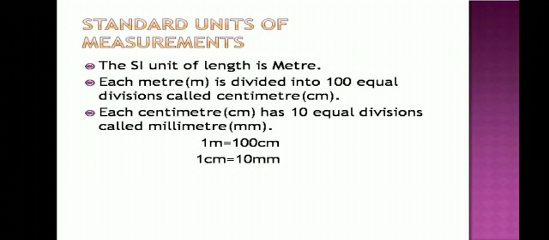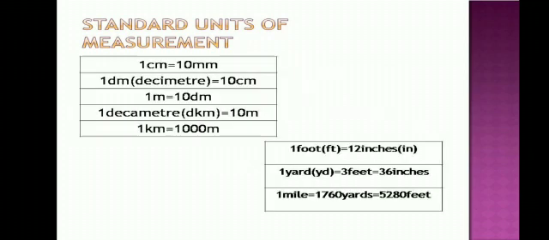Units which are used for measuring larger distances are called multiples of units. For example, deca, hecto, kilo. Units which are used for measuring smaller distances are called submultiples of units. Example, milli, centi, deci.